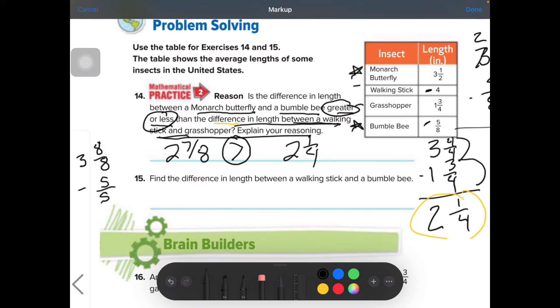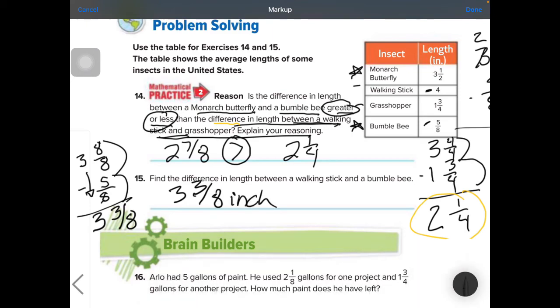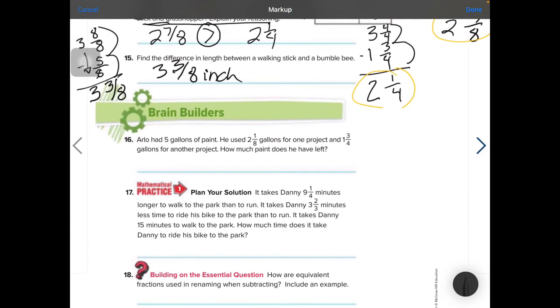Then I can subtract the bumblebee, which is 5/8. So 8 minus 5 is going to be 3. The denominator is 8. Bring the 3 down. So the difference is 3 3/8 of an inch. Whew, kind of deep. That was crazy.